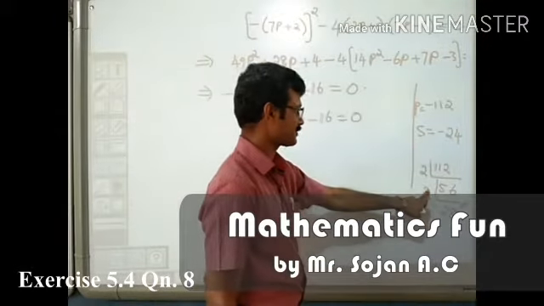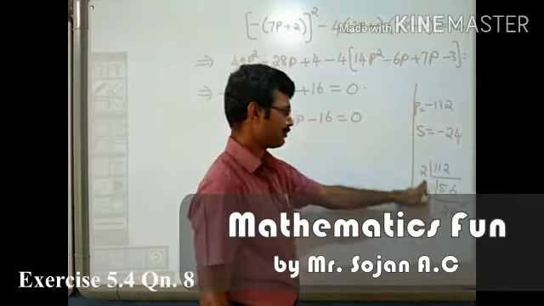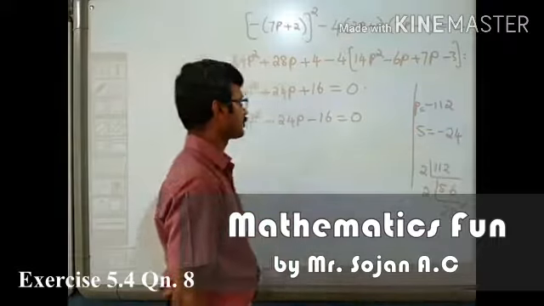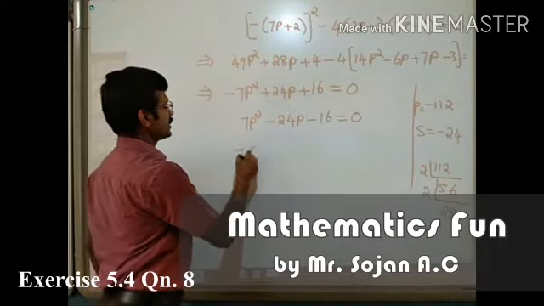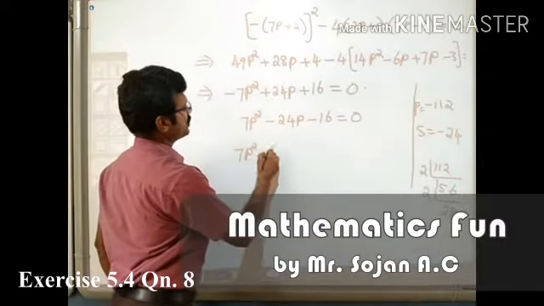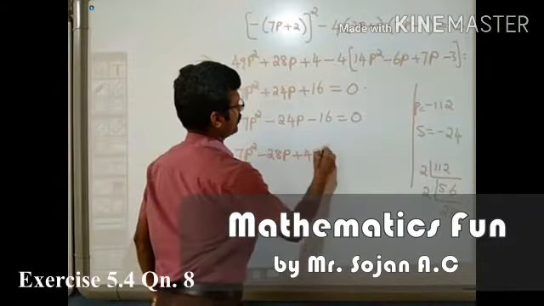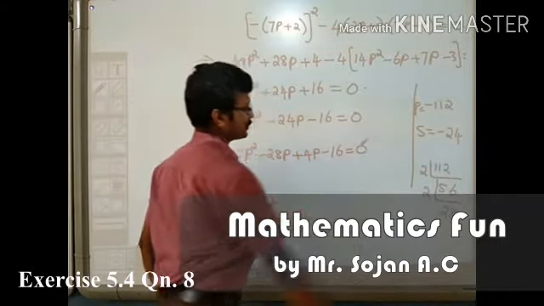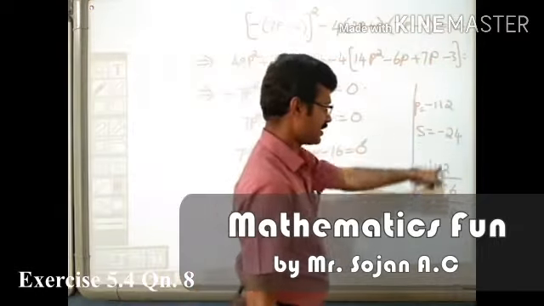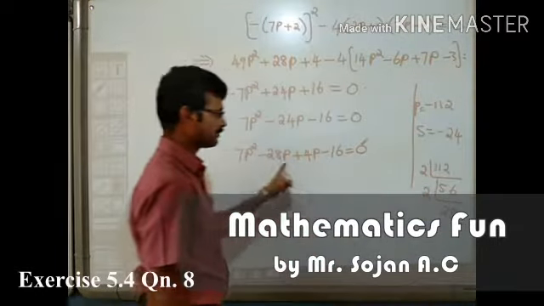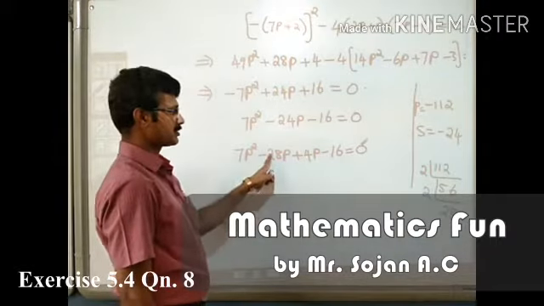Minus 28 and plus 4, if I make that, I will be able to proceed. So this I can write 7p square minus 28p plus 4p minus 16 is equal to 0. We have to do the factorization and at each level check which case is possible. Based on that we have to go ahead.